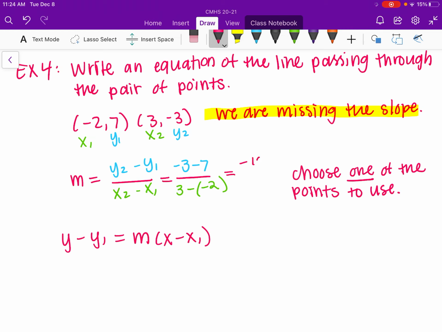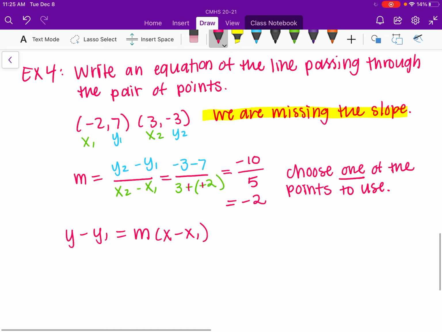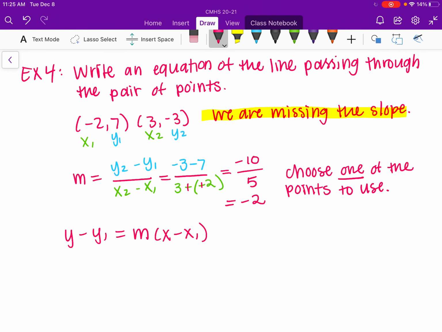On the top we have -3 minus 7, which is -10. And on the bottom we have 3 plus 2, because we have 2 negatives, and that's 5. So if we were to simplify, -10 divided by 5 is -2. So our slope is -2.